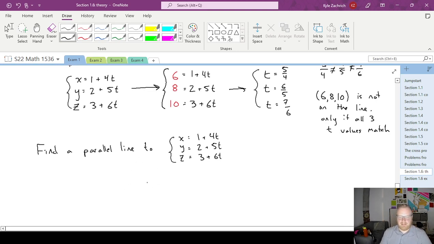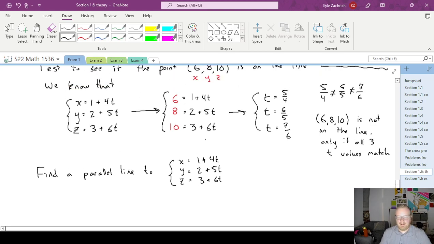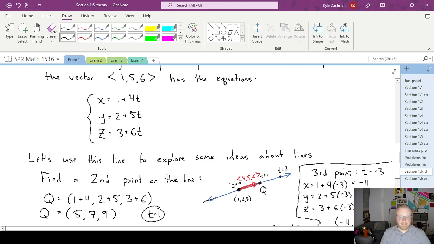Thinking about what makes this parallel is the fact that it is traveling in the same direction, right? So we can use that intuition to say, here's a line, they have direction vectors. If they have the same direction vectors, right? Here's a direction vector, here's a direction vector, right? That would make these two lines parallel to each other.